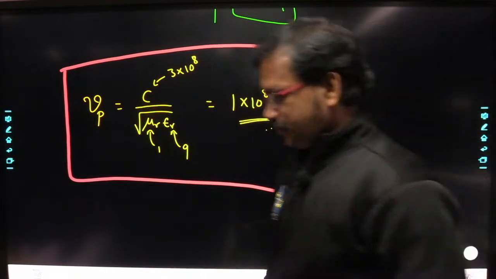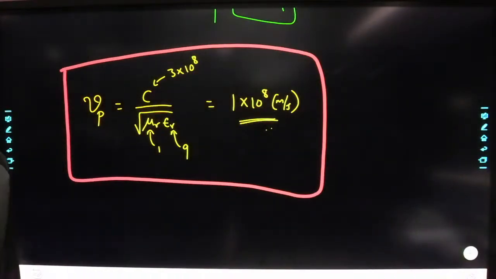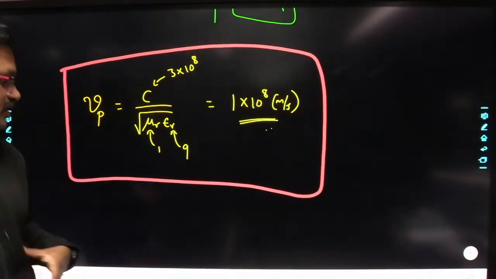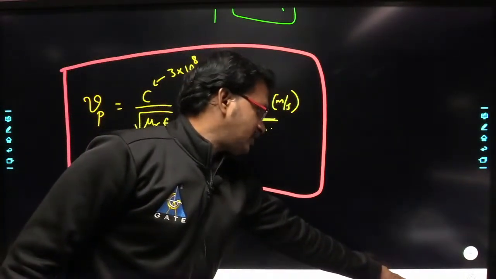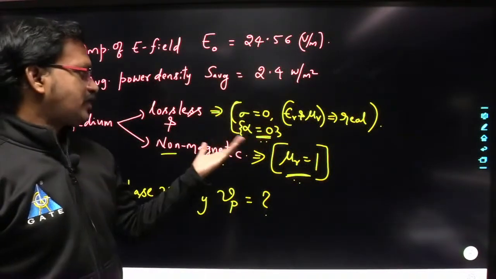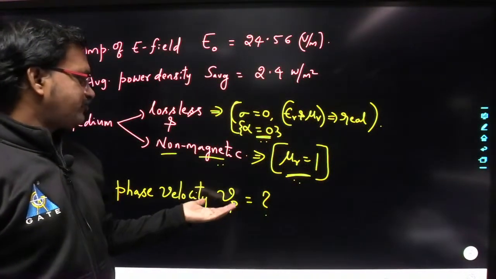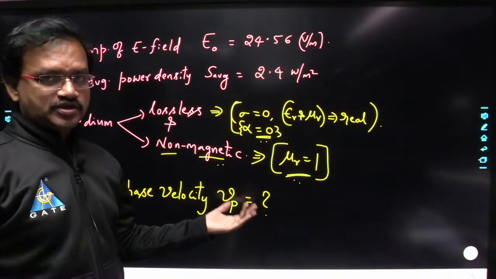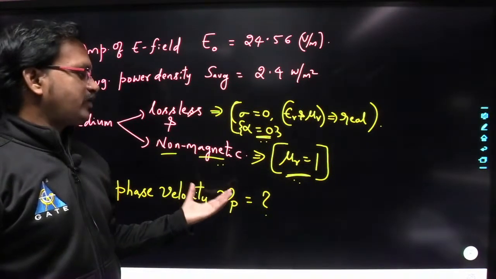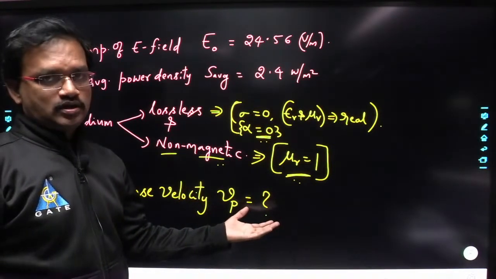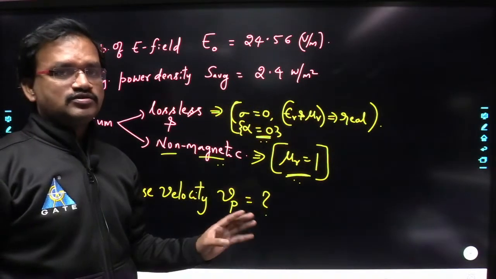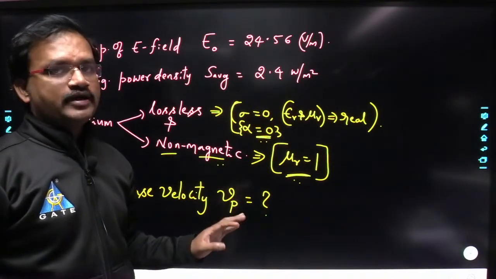So this is a very simple question, and I think you can easily solve it. Where students generally make a mistake is that they don't determine the epsilon r value and directly take the phase velocity as equal to c, considering mu r and epsilon r values as 1. Then you are going to get a wrong answer.